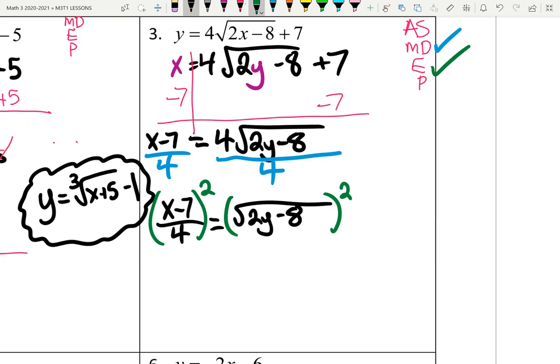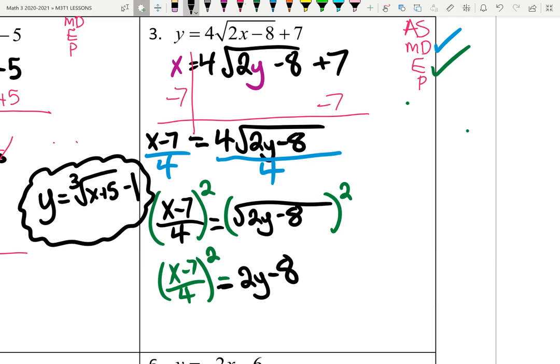This is going to produce x minus 7 over 4 squared equals, and then what's going to happen is that the radical and the power are going to cancel each other out, leaving me with just 2y minus 8. Don't feel the need to expand it, although you may. It is fine if you leave it complicated.